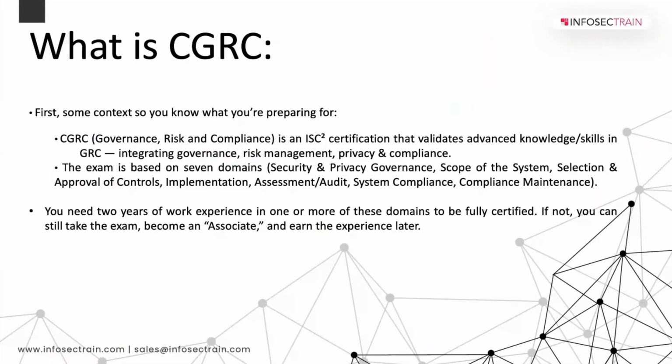Once you have done all this, it will take a minimum of 3 to 6 weeks for ISC square to validate all these documents, and finally you will be recognized as a certified governance, risk and compliance professional.